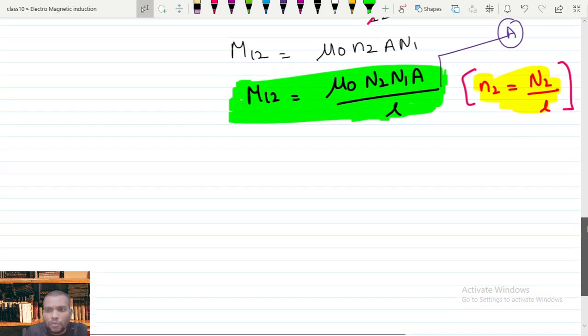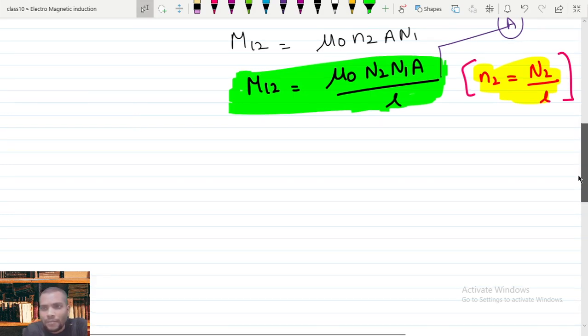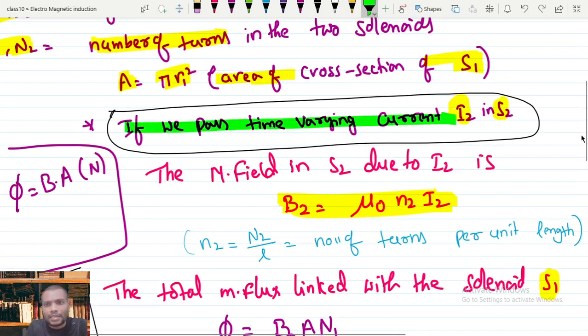Now let us prove the reverse. In the earlier case, in the beginning, I started with a time varying current passing in S2.